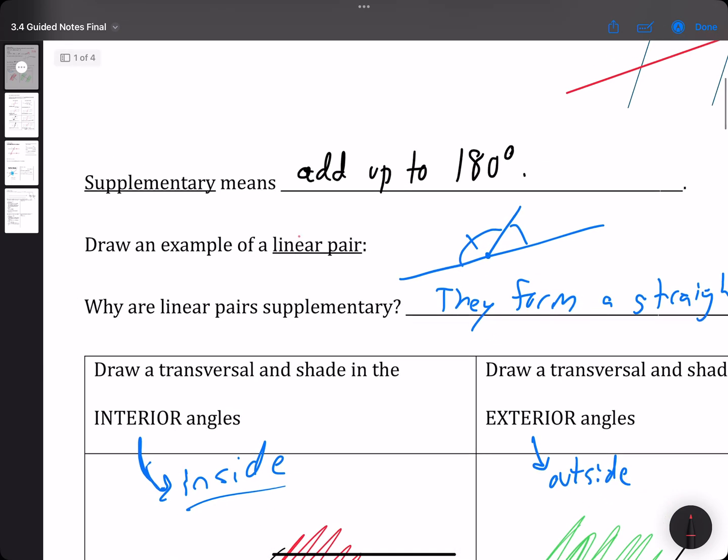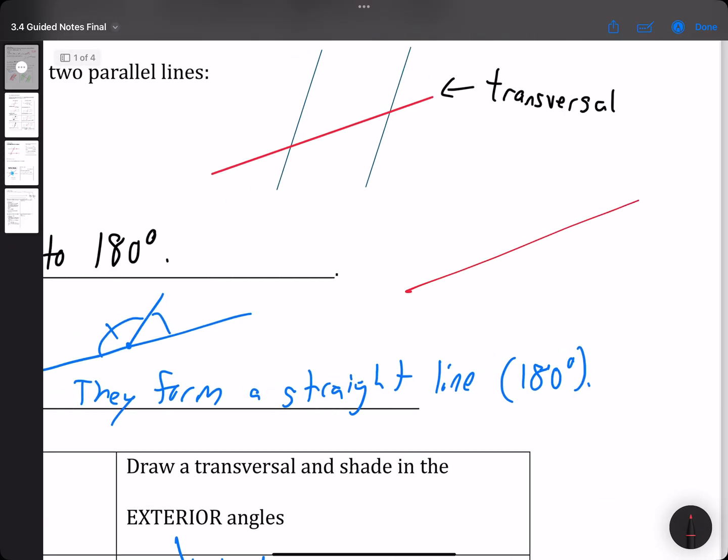It's called a linear pair because it forms a straight line together, adding up to 180 degrees. So you draw a linear pair like this, or like this, or whatever. The two angles it creates are always going to add up to 180. So if this one is 40 degrees, then this one has to be 140 degrees.